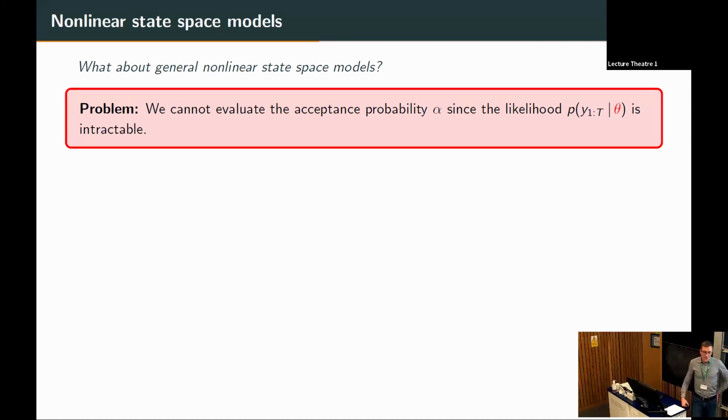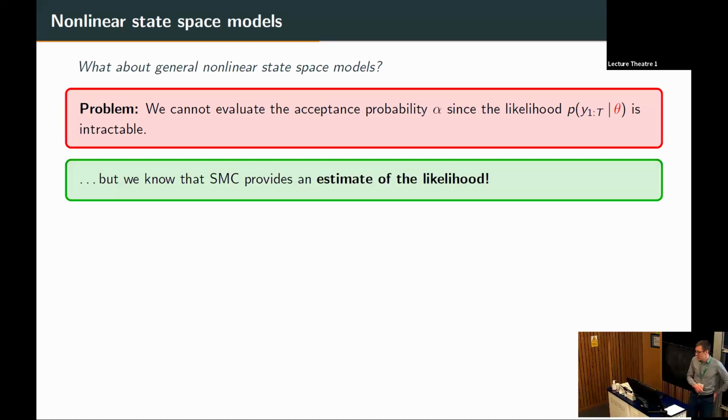Right, but this assumes that we can actually compute this likelihood. So what about a general nonlinear state space model where the Kalman filter is not applicable? Then we can't just apply this algorithm as it is. But we know from earlier in this week that we can run SMC or a particle filter to estimate the likelihood in a general nonlinear state space model.